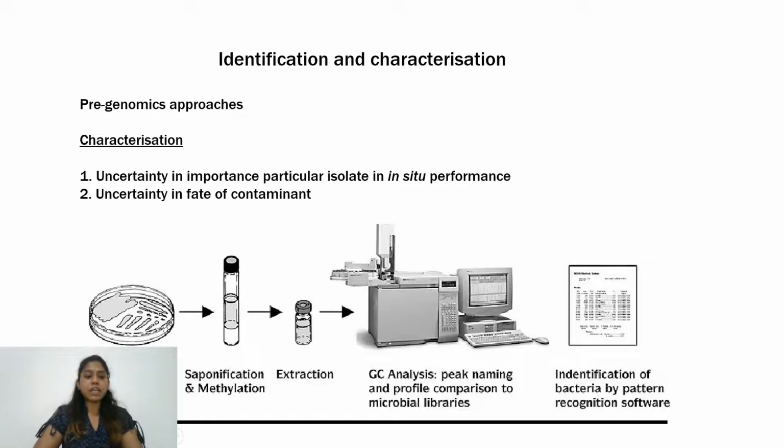The bacteria convert the substrate into esters, and that process is called saponification. Methylation is methylation of the microbe itself, and after that we extract the sample and conduct the GC analysis, and we get different patterns or peaks. The GC is gas chromatography.